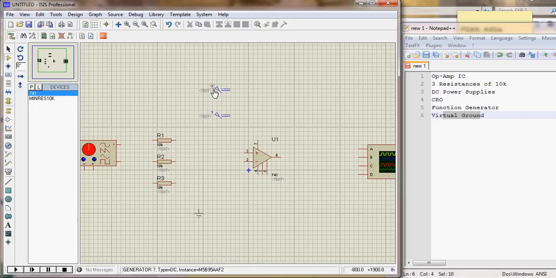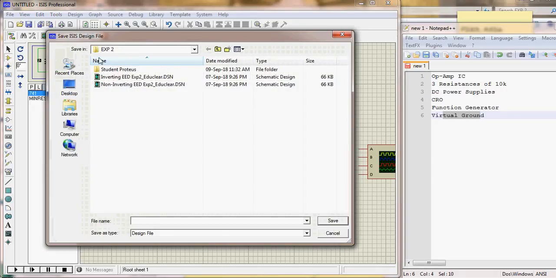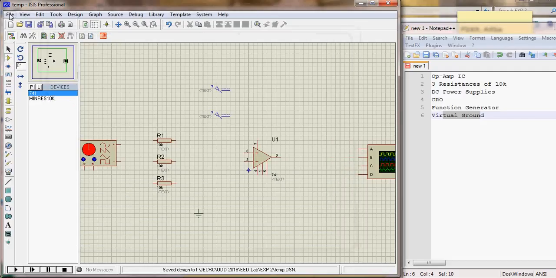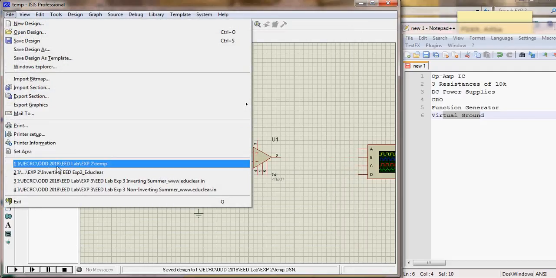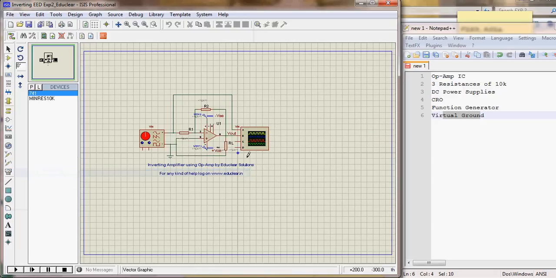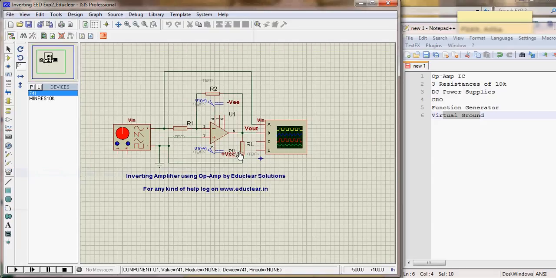Let's save it once. So it will be named temp. This is the circuit which we need to design. Inverting terminal, we need to give input with the resistance R1, and the non-inverting is grounded directly.